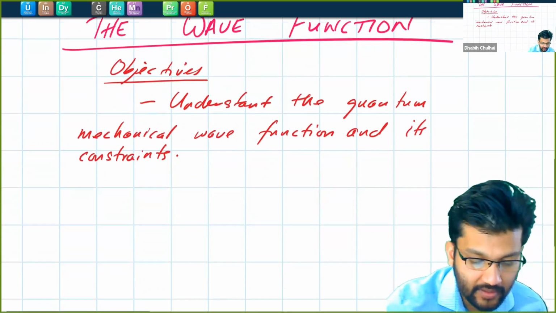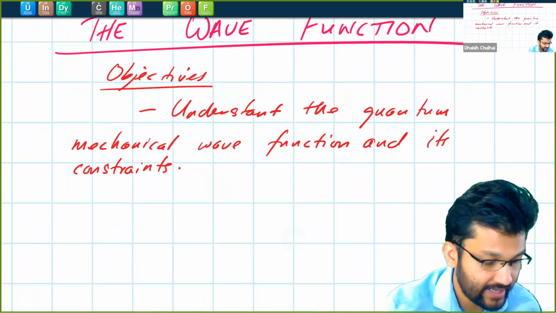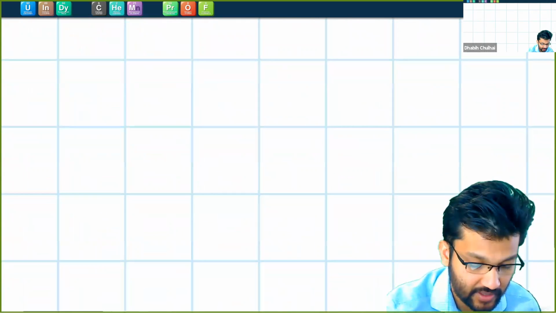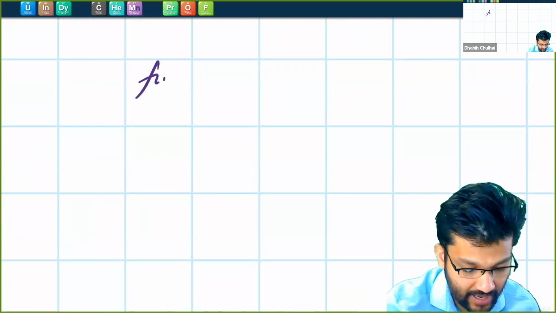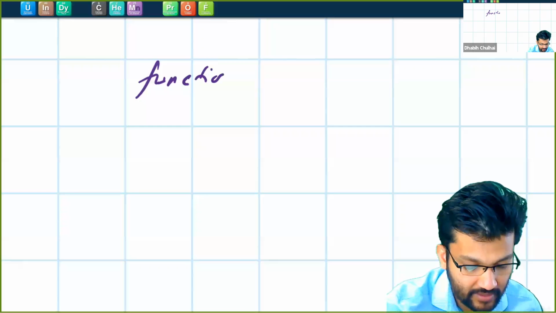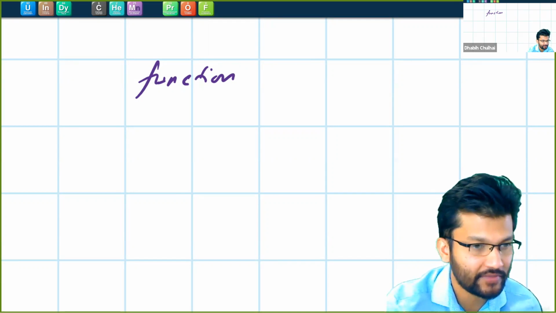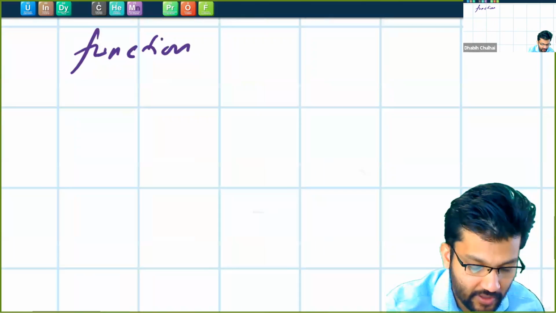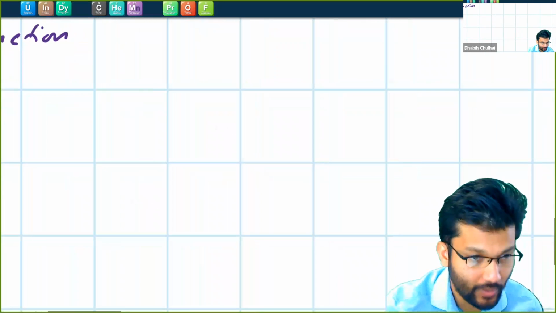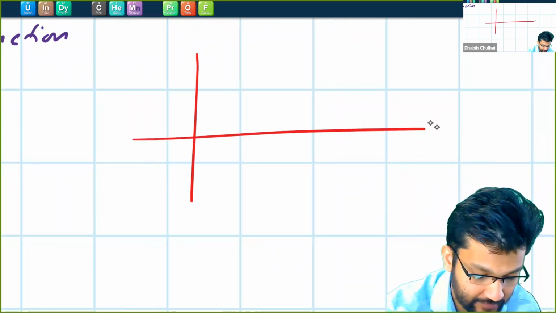All right, so we need to describe electrons as waves, and the way we can go about doing that is by using wave functions. Now, what is a wave function? A function in math is really any sort of combination of variables and constants that gives you, let's say, a plot on a graph. So if you think about the simplest function that can describe a wave, you might think of a sine wave.